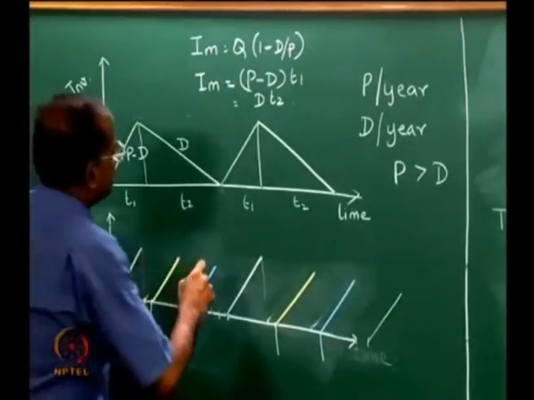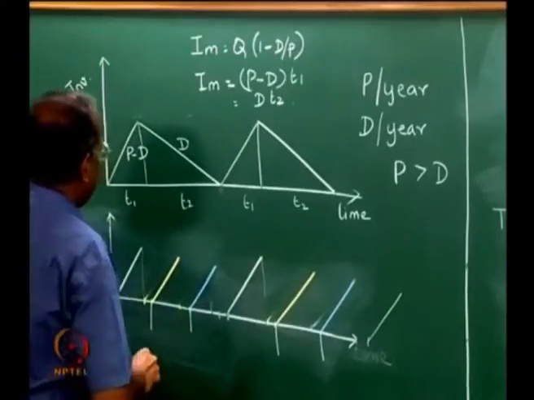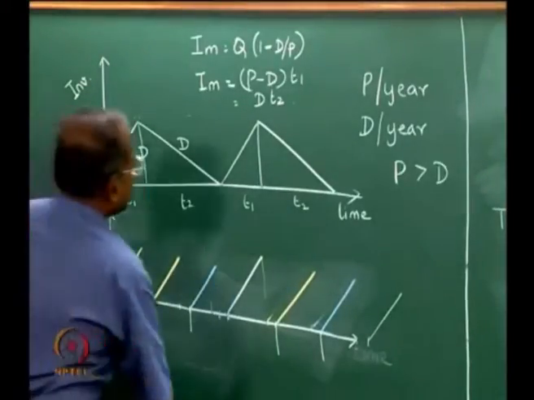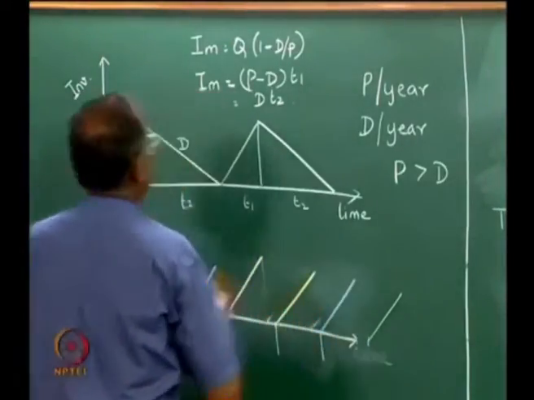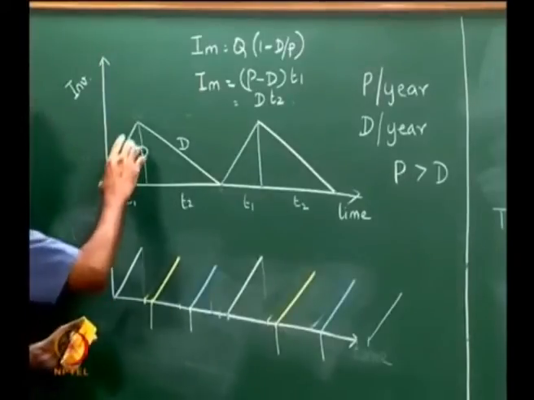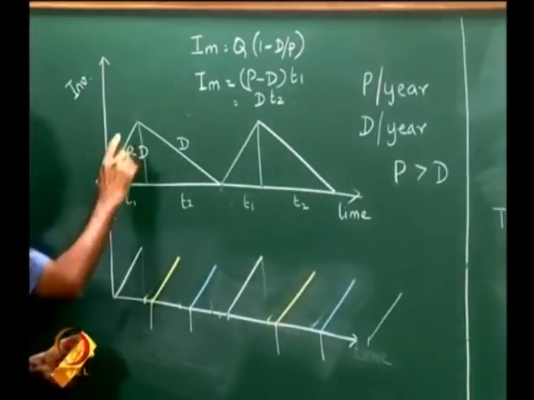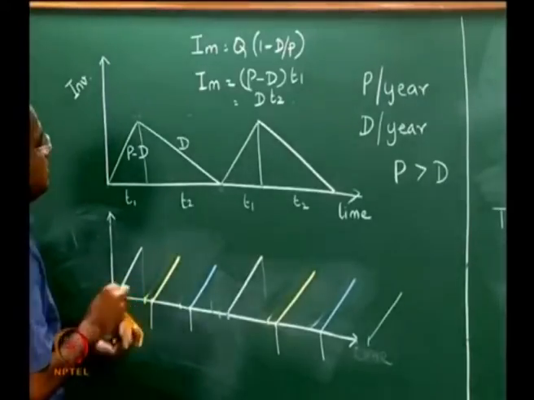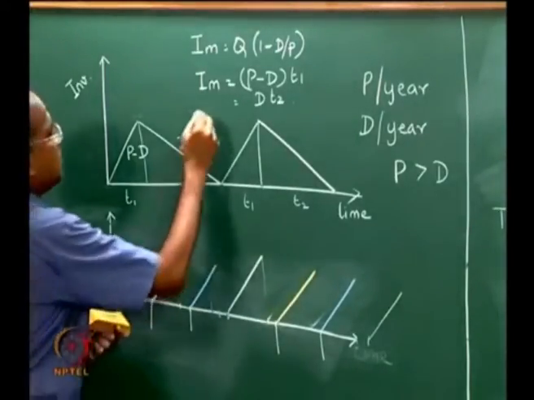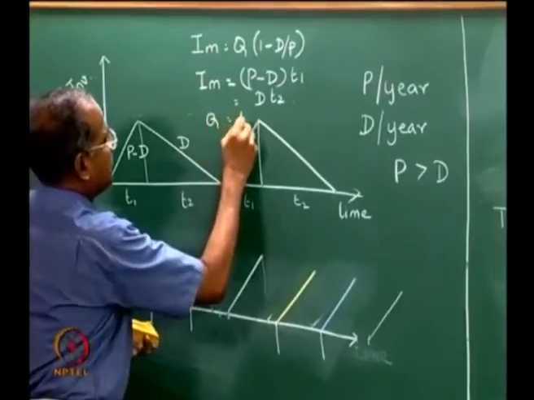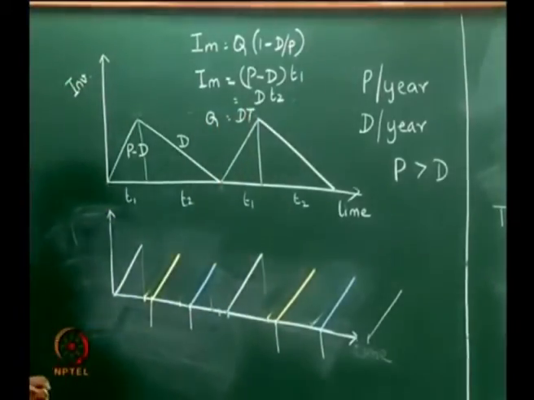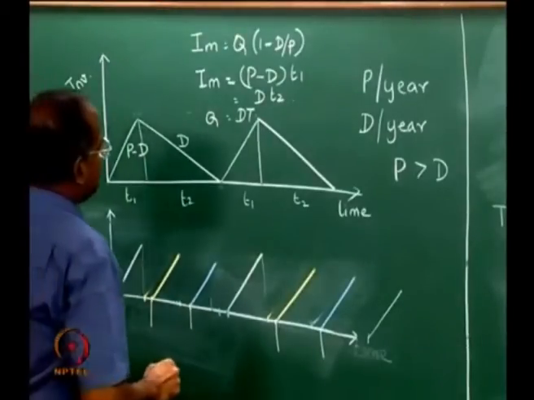So, from this we have Im is equal to the rate at which the inventory grows, and Q is equal to D into T or D into T1 plus T2.